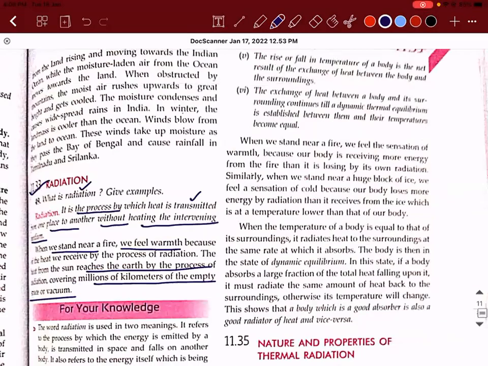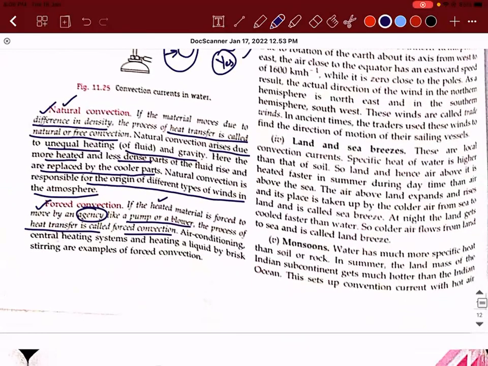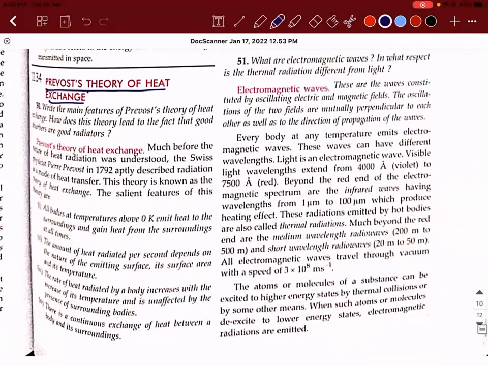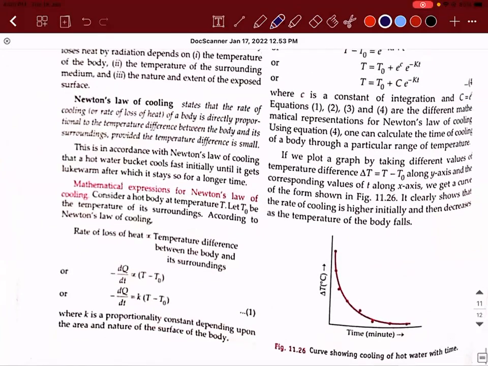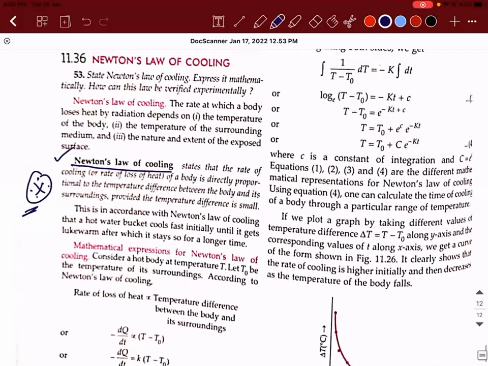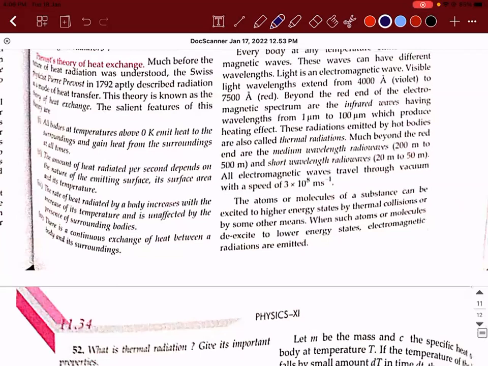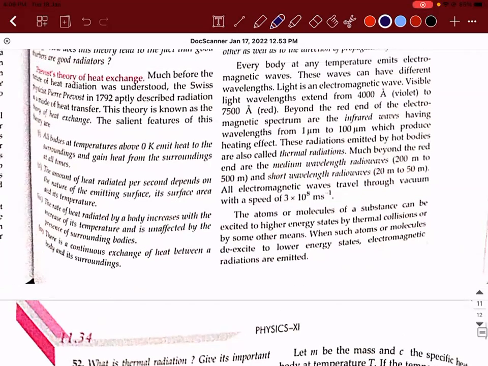The concept that we discussed till yesterday, natural and forced convection, is important. In radiation, all these theories are very small. There is one important derivation that we need to focus upon, which is Newton's law of cooling. This we will concentrate on slightly in depth. For the other parts, I'll just read out the points and try to understand them. That's it. Let's not get deep into it.